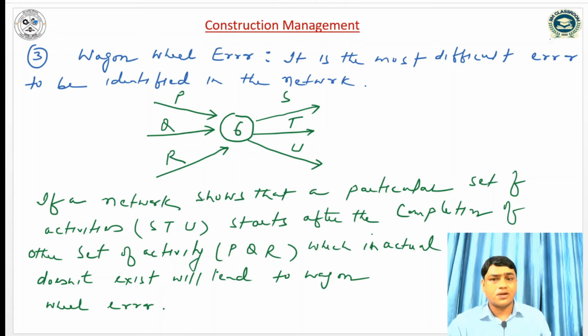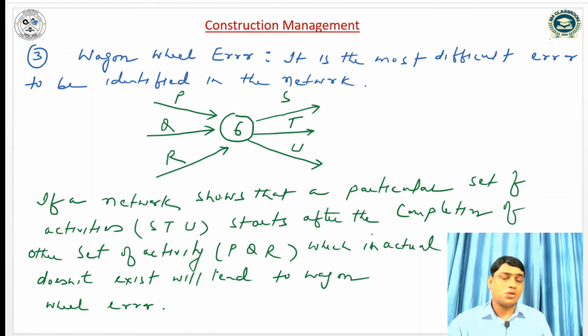If this type of problem comes in the network, we can understand that wagon wheel error has occurred. So if a network shows that a particular set of activity STU starts after the completion of another set of activity PQR, which in actual does not exist, it will lead to wagon wheel error.